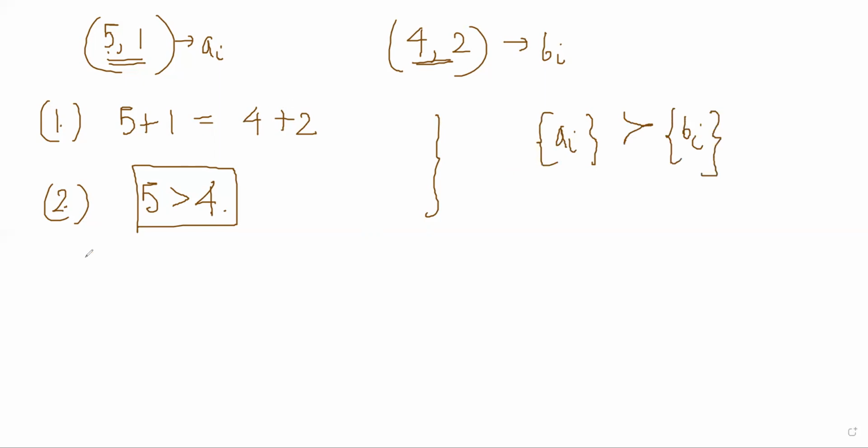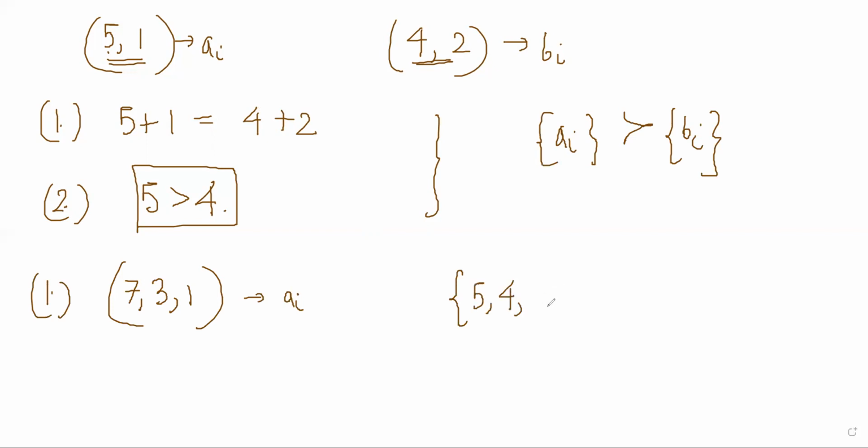The first thing to notice here is these are all non-increasing sequences. This is one sequence, let's say Ai, and there is another sequence 5, 4, 2. This is Bi. You can see that these are non-increasing: the first term is the largest, and the terms following are smaller and smaller.